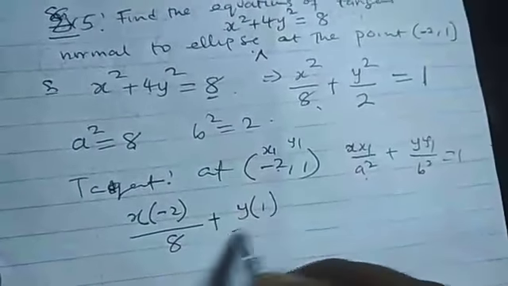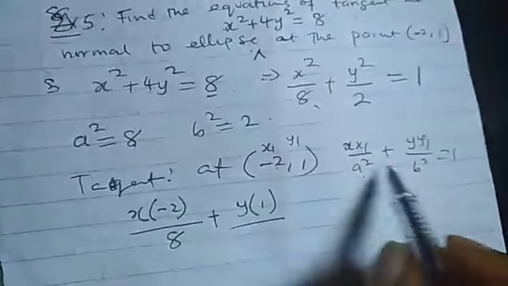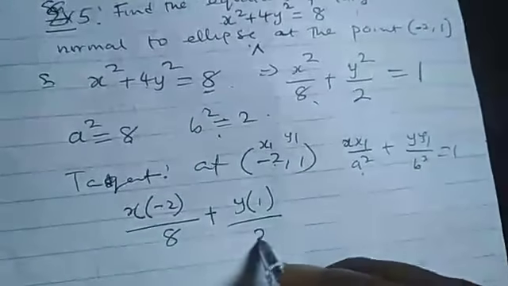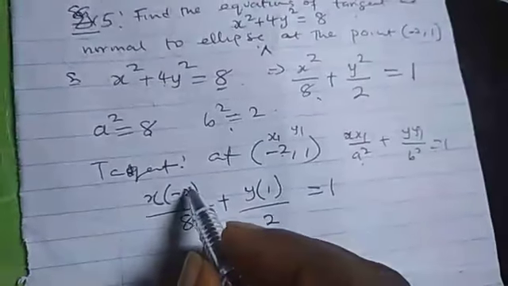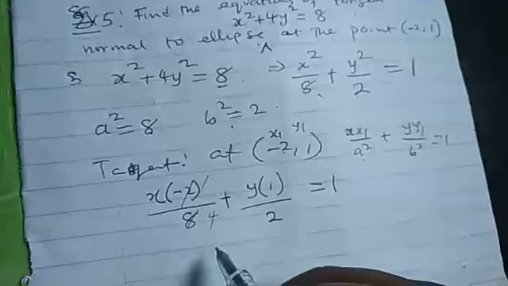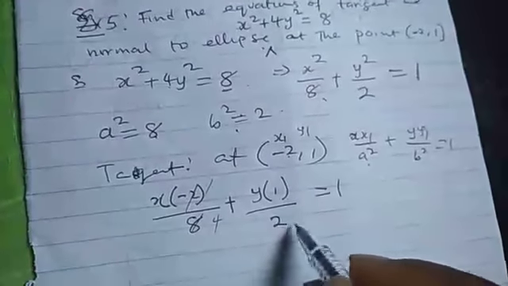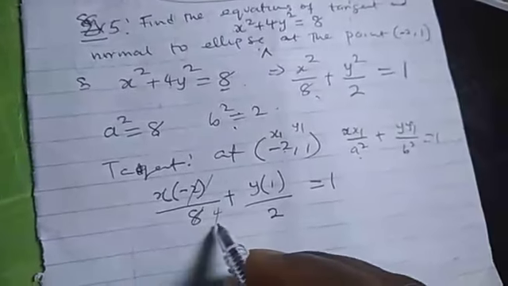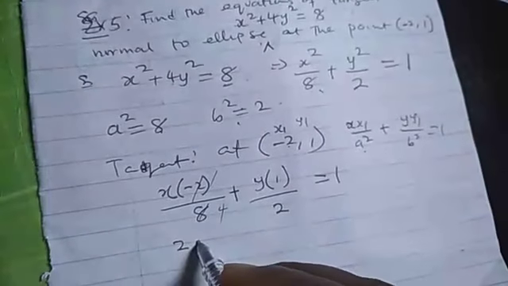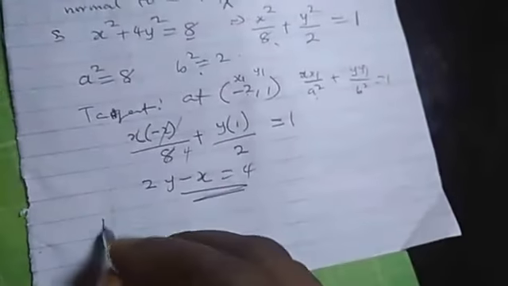Our y1 is 1 over b square. Our b square is 2, equal to 1. Then we simplify this, cancel this. This is 4. When we simplify it further, I don't need to do that for you. You should be able to get 2y minus x is equal to 4. So that will be the equation of the tangent.